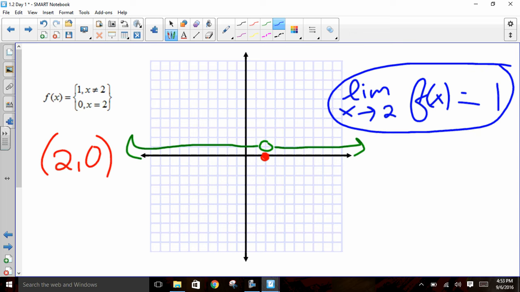The reason being is that it's only 0 at 2. But when you get really, really close on either side of my graph, I'm still closer to 1. So even though it's telling me it is 0 when x is 2, because it's a limit, it's when I'm getting closer to something. It's not the exact value.